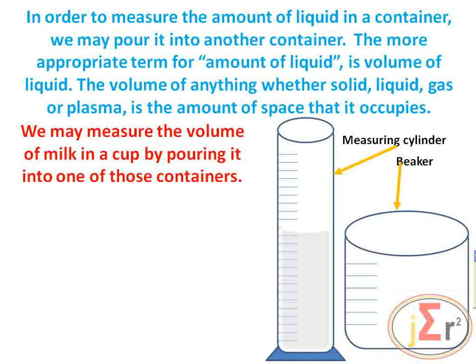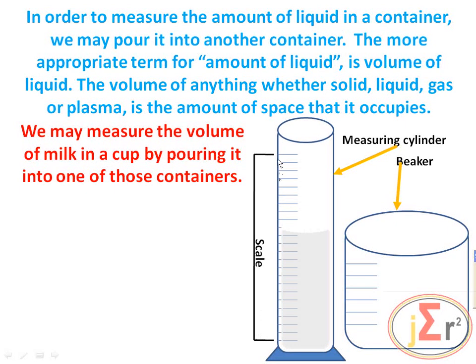So what do we know? In order to determine the amount or the volume of liquid in the measuring cylinder, what do we do? We take a look at where the liquid is in relation to the scale that we have there.